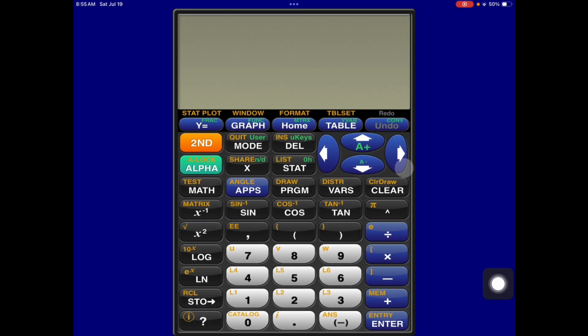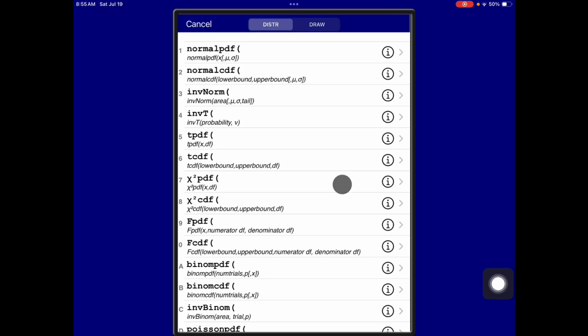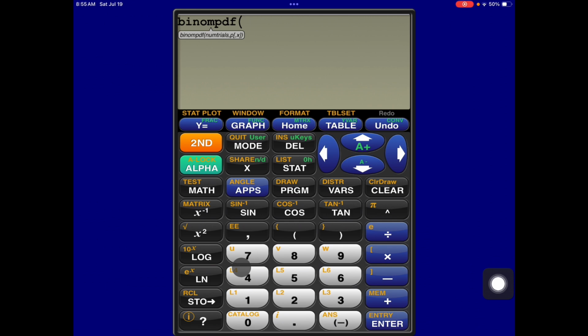To calculate the probability, we need to go to second vars, binomPDF, and we're going to have to do this 3 times. So for the first one, our x value is 8, but the n never changes, that's still 15, and our probability never changes, it's still 0.8. But again, the first x value we have is 8.